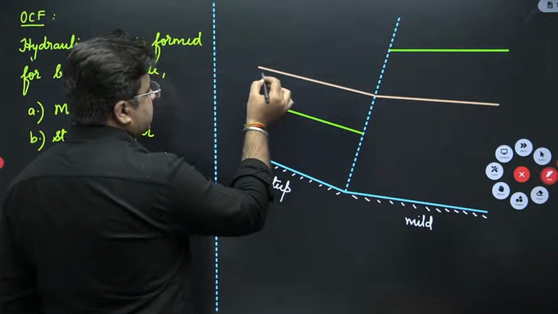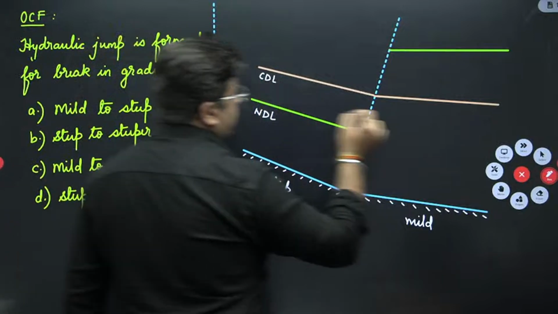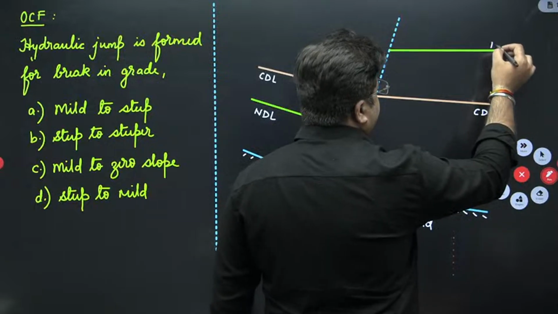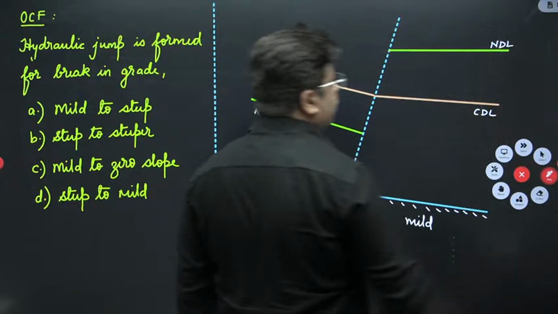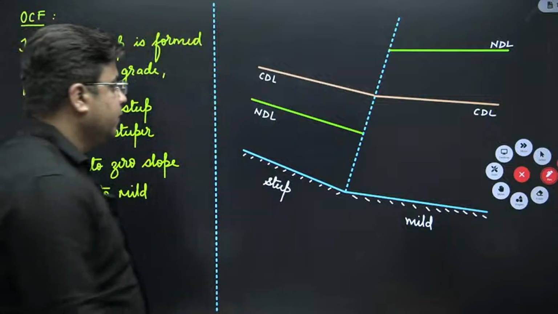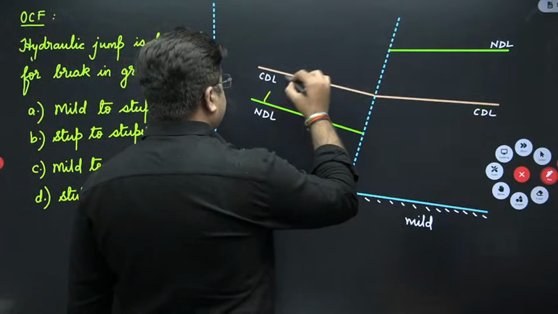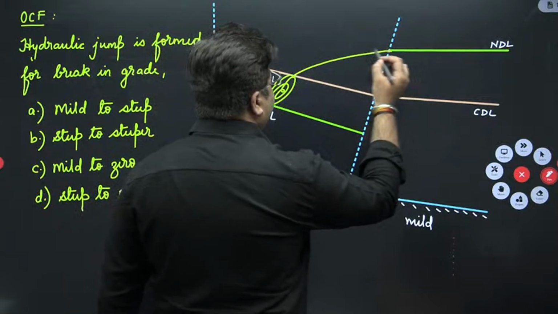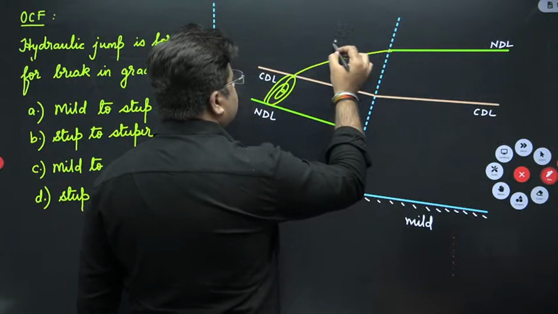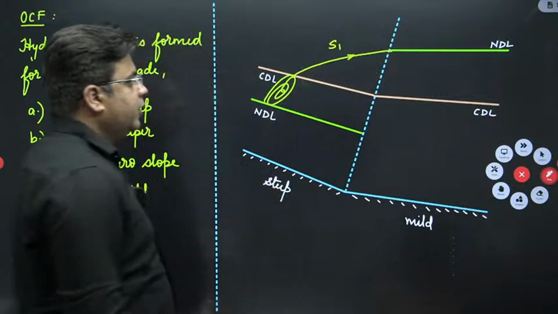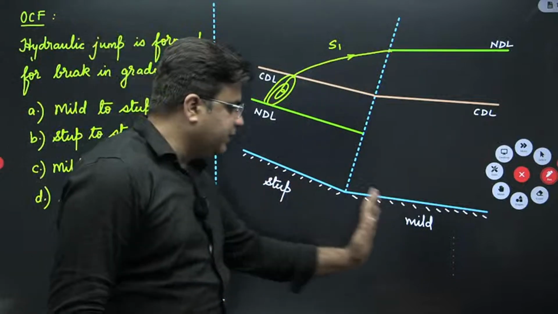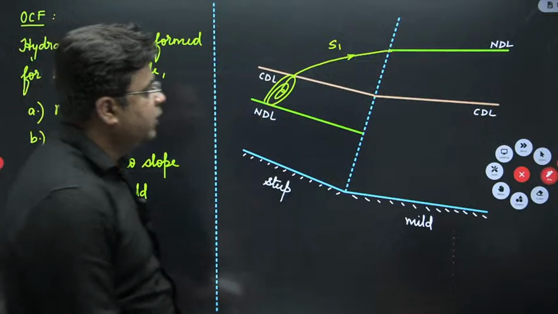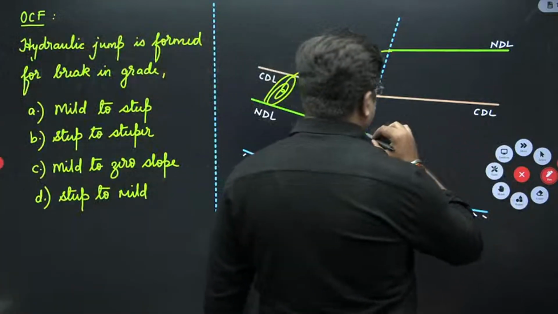Now, what are the flow profiles possible? First of all, if hydraulic jump happens here, then you will have this flow profile. So for S1 flow profile, when the break in grade is from steep to mild, you will have this hydraulic jump. The another possible flow profile is like this.